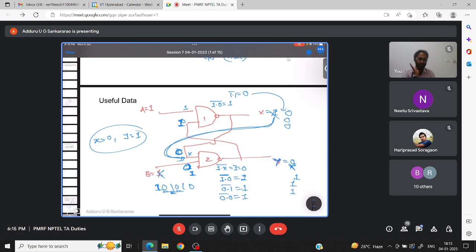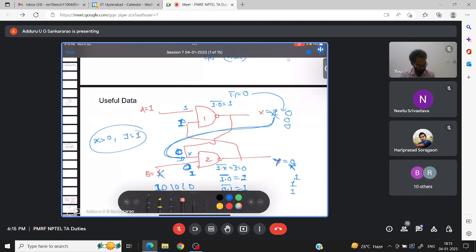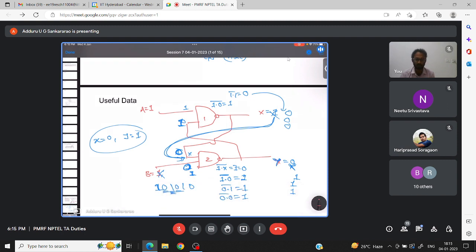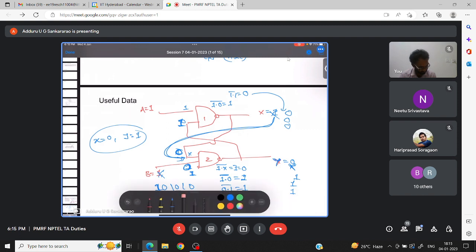See, assume initially gate 2 is faster. Here we assume gate 2 is faster compared to gate 1. So what will happen? Let us say when A equal to 1, B equal to 1 you are giving, the initial output will be this one: X is 1 and Y is 0.